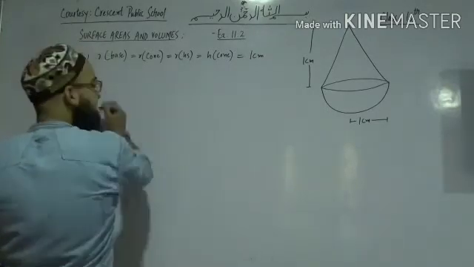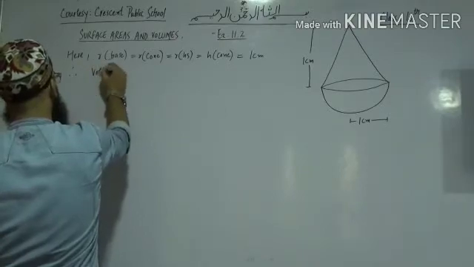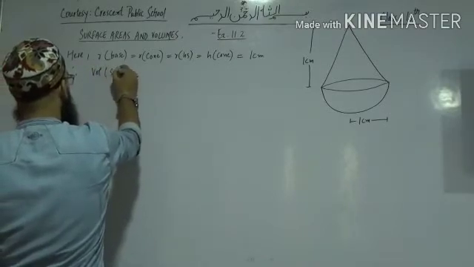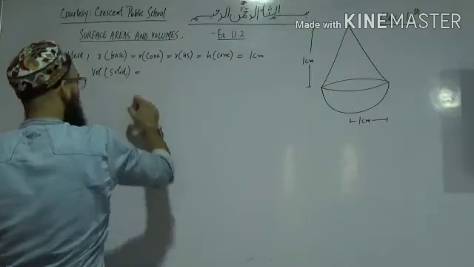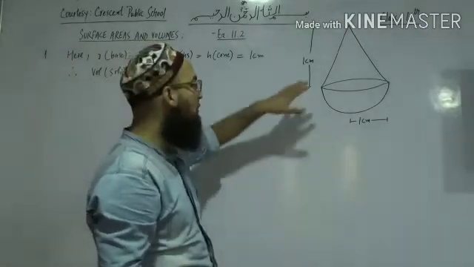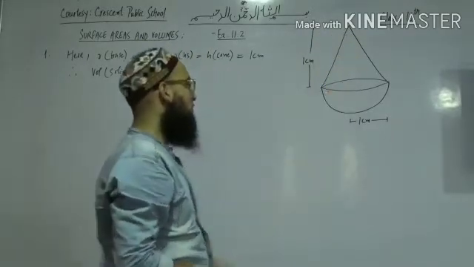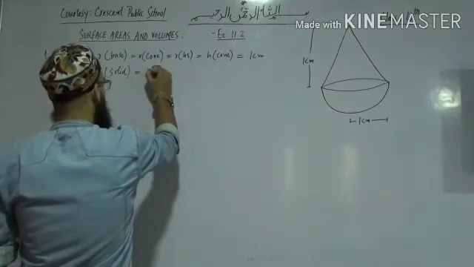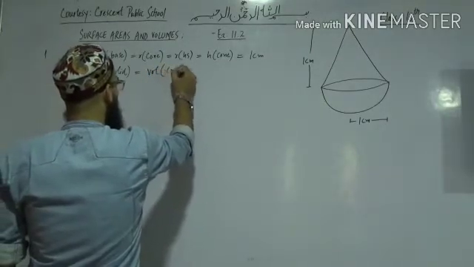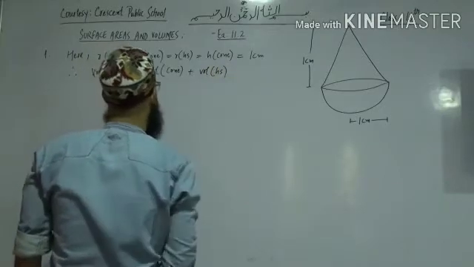Therefore, volume of solid here is equal to, volume means the capacity. So volume of solid is equal to volume of cone plus volume of hemisphere.